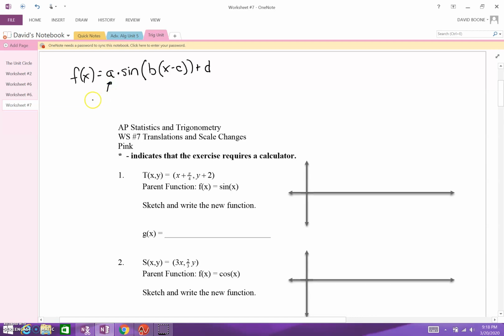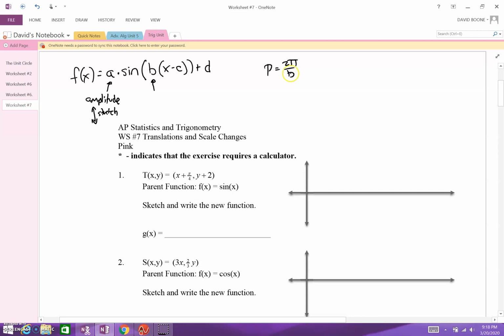Right there, again, this is my amplitude. It talks about how we stretch it vertically. The b value, a lot of people get this confused and they think that's actually the period. It is not the period. Remember, period is equal to 2 pi over b.